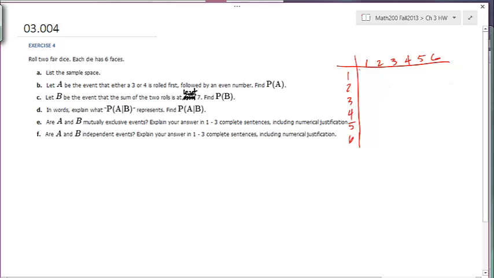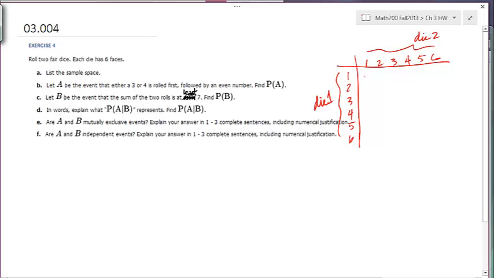We can do this in a couple of ways. One, we can say this is the dice roll 1, 1, and this is the dice roll 1, 2, etc. But instead of doing it that way, I'm just going to put the sum down here. Let's consider this the first die, and then the second die.